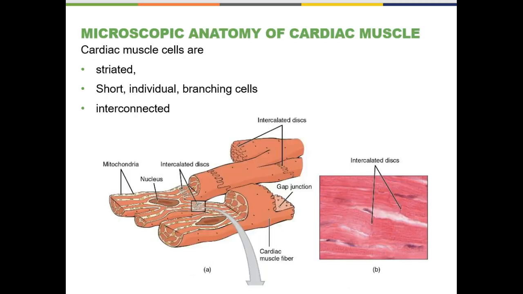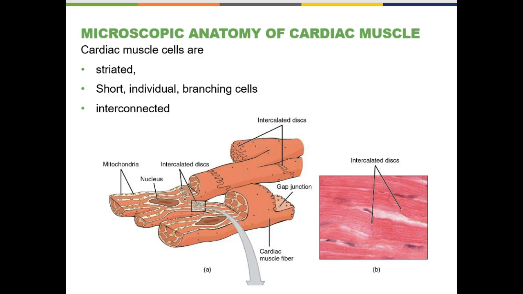All right, so next up is the anatomy of cardiac muscles. So you might remember when we did skeletal muscle, that skeletal muscle fibers are very long, multinucleate cells, cardiac and parallel. Cardiac muscle fibers, in contrast, are shorter and individual branching cells.